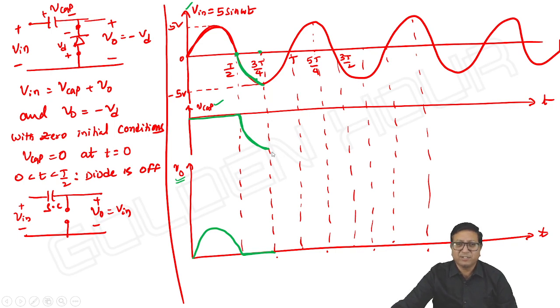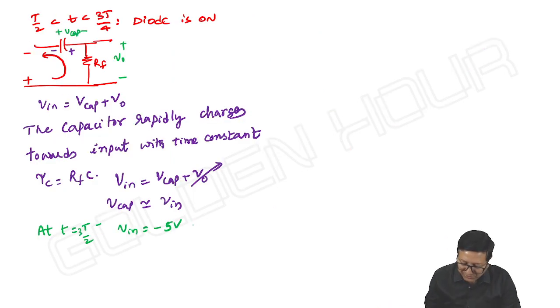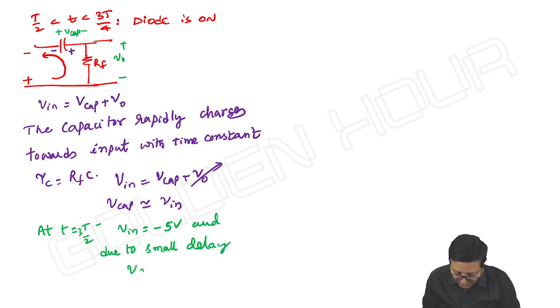By that time, almost the capacitor voltage reaches minus 5, but due to small delay, it is not exactly minus 5, it may be minus 4.9. V capacitor is not exactly equal to minus 5, it is minus 4.9 volt.